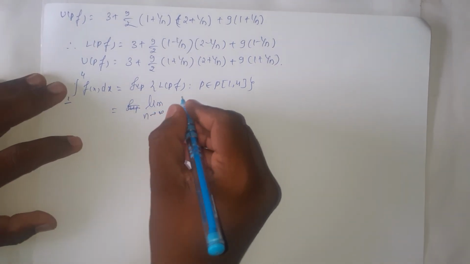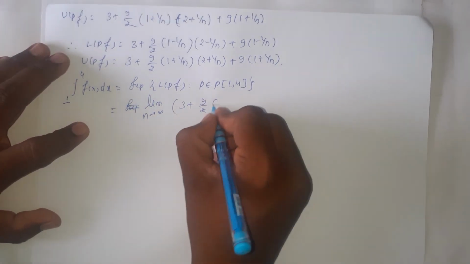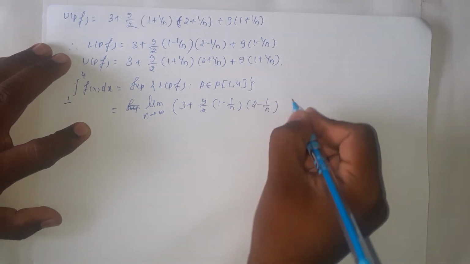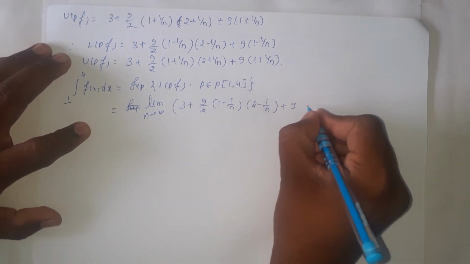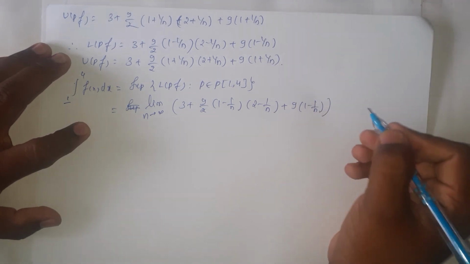Here the LPF is 3 plus 9 by 2 (1 minus 1 by n)(2 minus 1 by n) plus 9 into (1 minus 1 by n).